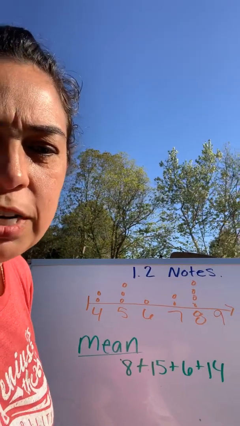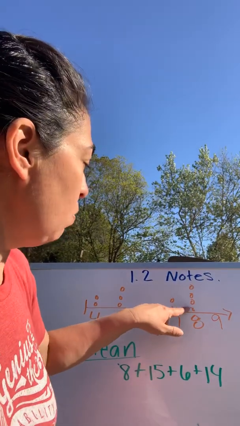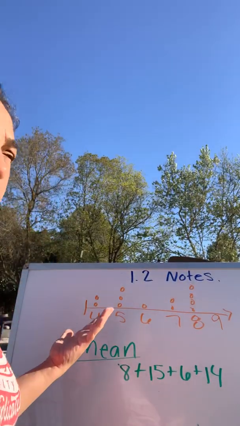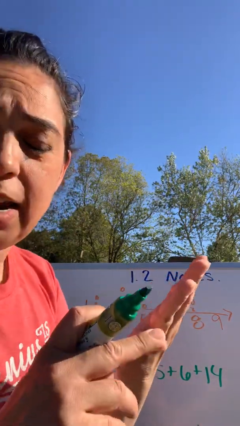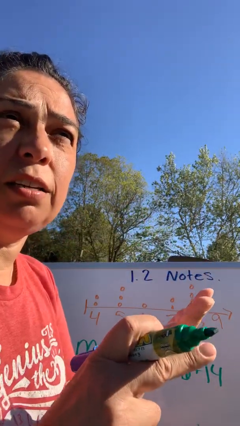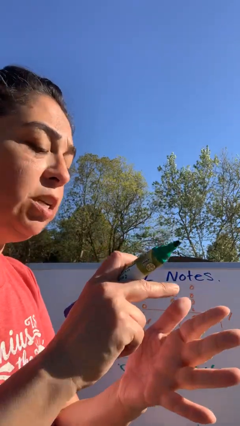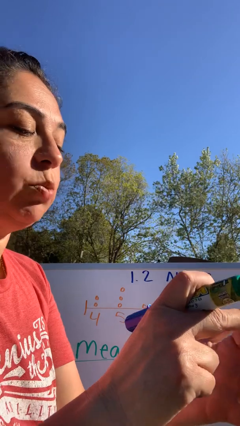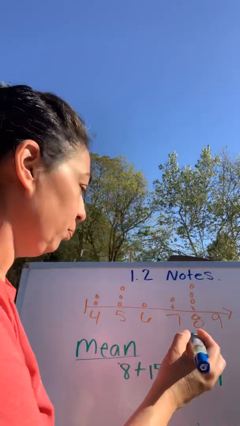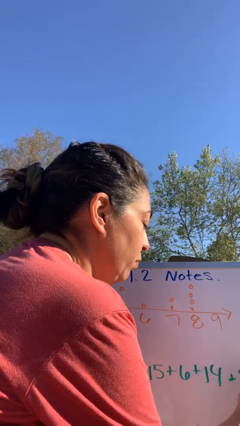And then the last one is 8. 1, 2, 3, 4. Now, 8 times 4 is 8 and 8, 16, 17, 18, 19, 20, 21, 22, 23, 24, 25, 26, 27, 28, 29, 30, 31, 32, plus 32.